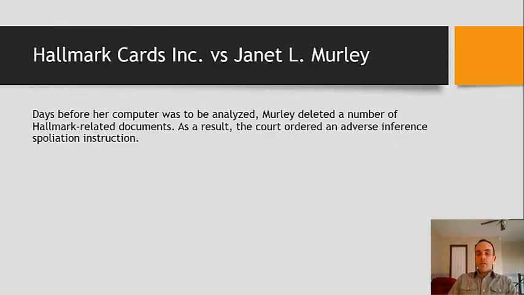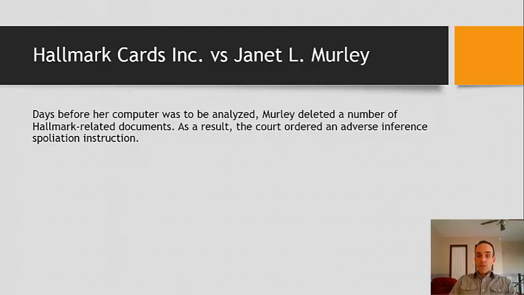The way that I read this news article was that literally days before her court hearing, Murley deleted a number of files from her computer that were Hallmark related, that could not be used as evidence because she knew that they would be detrimental to the hearing.